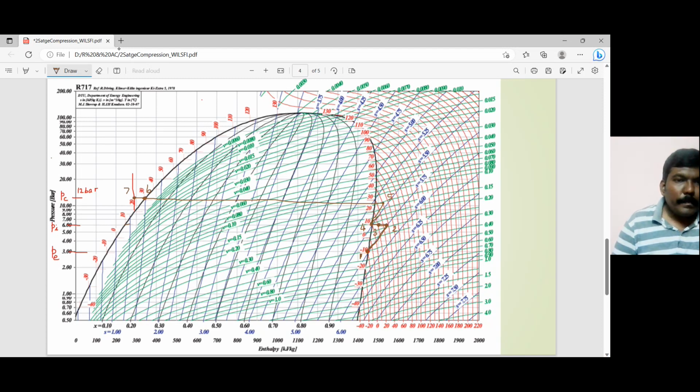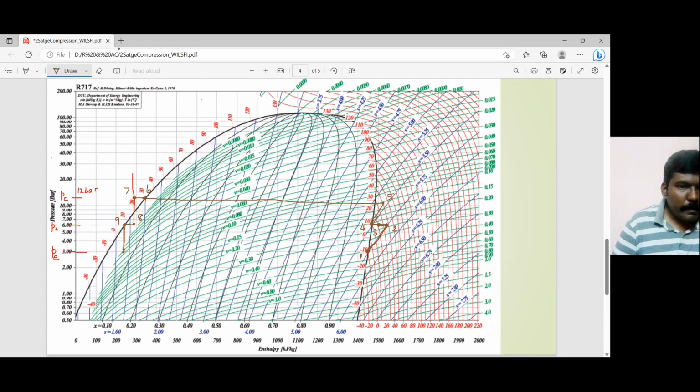From 7, I'm going to the intermediate pressure line. So that is point 8 here. And then I have to go to the saturated liquid line. That is my point number 9. Then from there, drop a vertical till you reach the 3 bar.